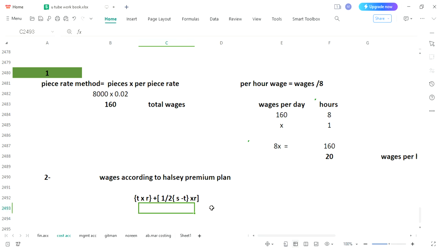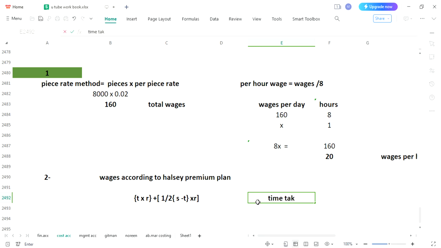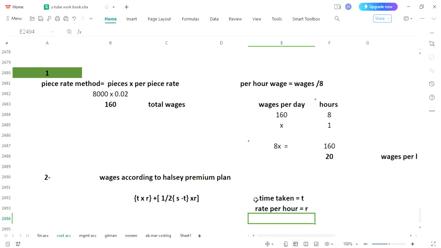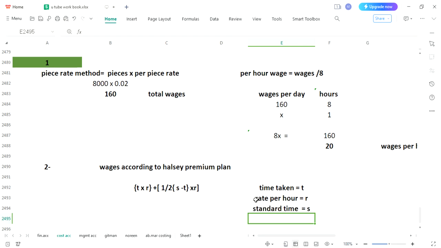And now we will explain what these factors are. Time taken would be T, and next is rate per hour. It would be R, small r, and then we have standard time, which would be considered as S. S, R, T were the factors present over here.